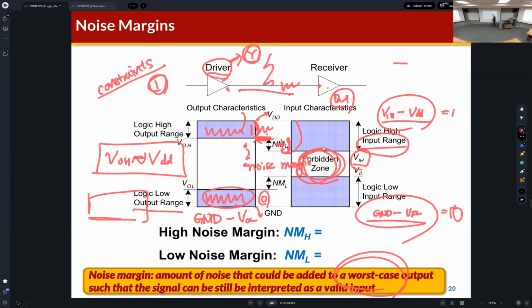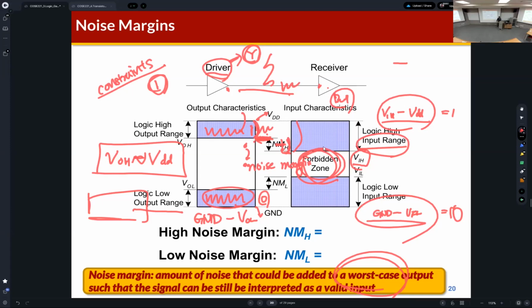This blue region represents the allowable input signal range for this receiver. Then the difference between the output signal range and the allowable input signal range is defined as the noise margin.